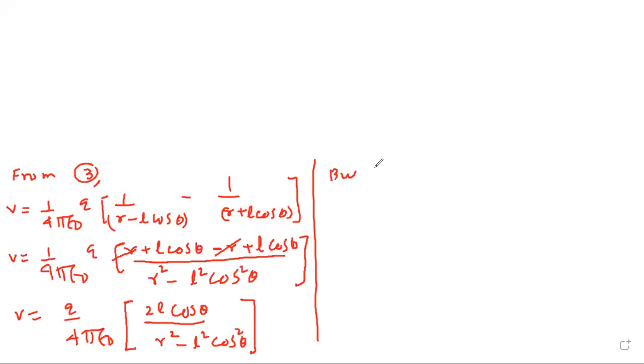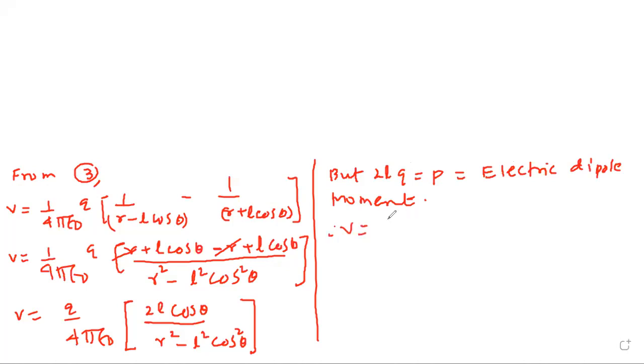But 2LQ is P, which is called the electric dipole moment. Therefore, V becomes P cos theta upon 4 pi epsilon naught, R square minus L square cos square theta.